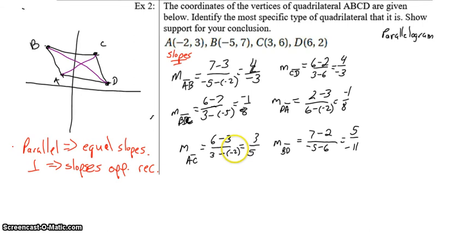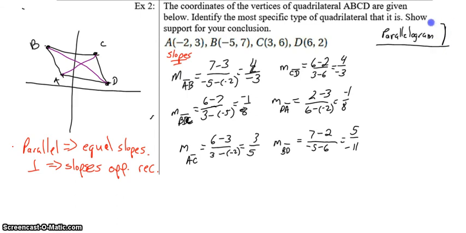No, they're not opposite reciprocals. They're close. I mean, one's positive, one's negative. That makes them opposite signs. Positive slope, negative slope, opposite signs, but they're not reciprocals. Reciprocal would be 3/5 and 5/3. No good. So the best we could say is it's a parallelogram.